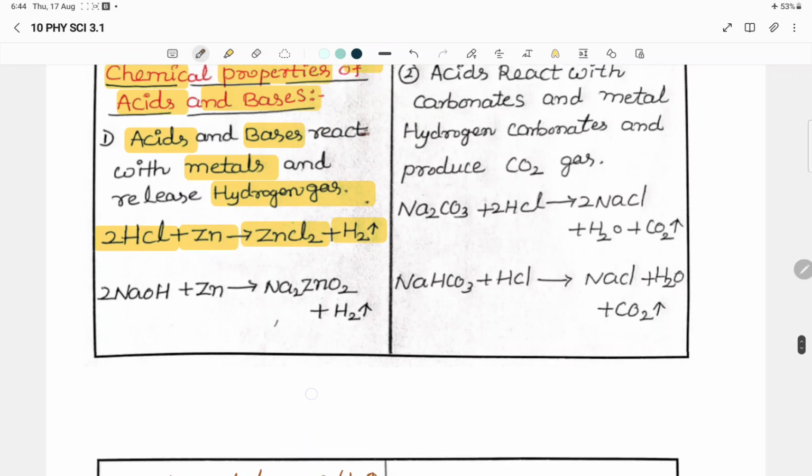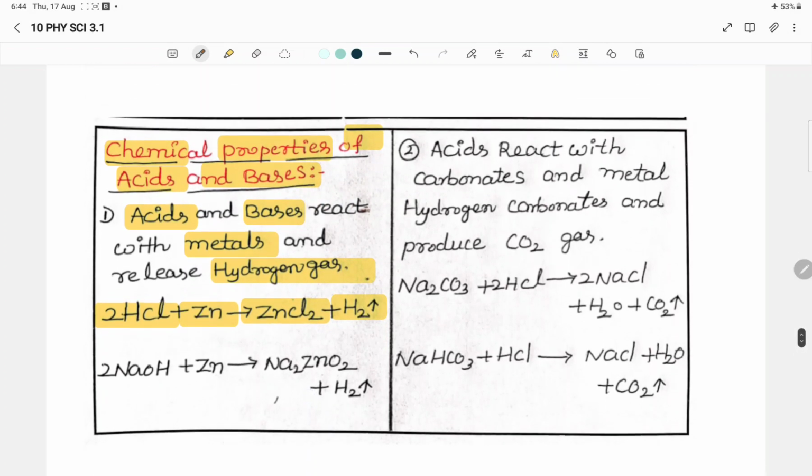Next, base. For example, sodium hydroxide is one base. Sodium hydroxide NaOH reacts with zinc metal, and gives sodium zincate Na2ZnO2 plus hydrogen gas.